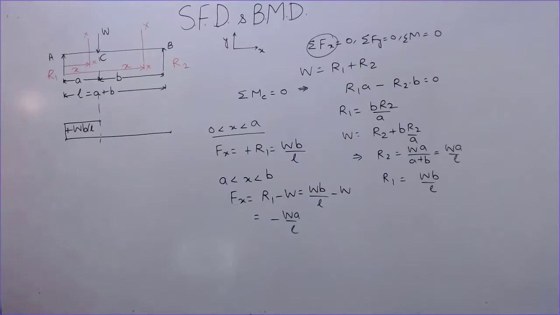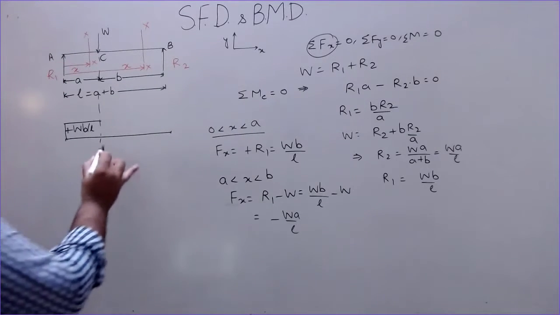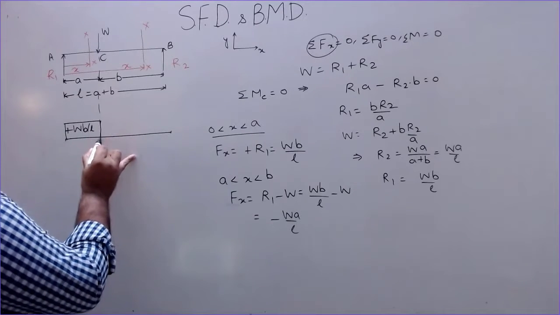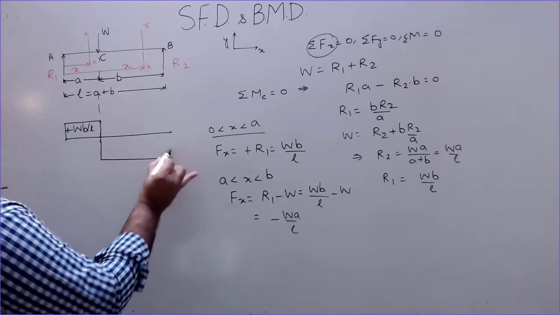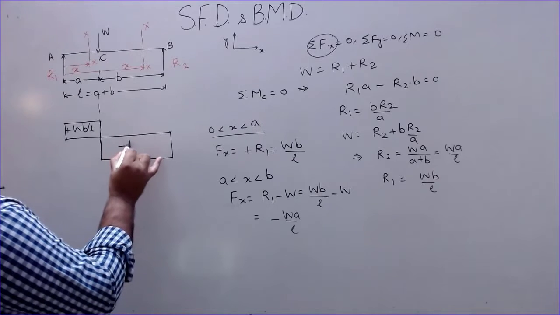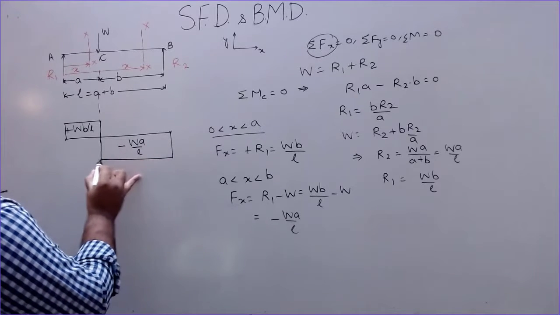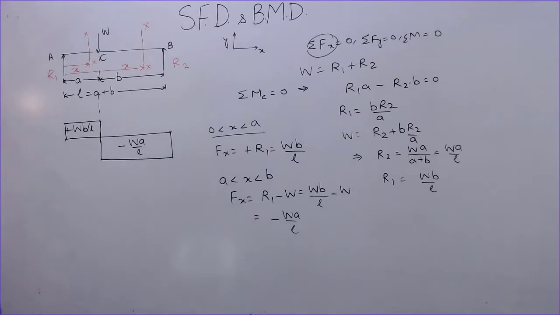So you can see that the shear force for this portion is negative because this load is more than this reaction, obviously. So here the shear force becomes negative, it comes down, and this is minus WA divided by L. It is constant for the entire section.